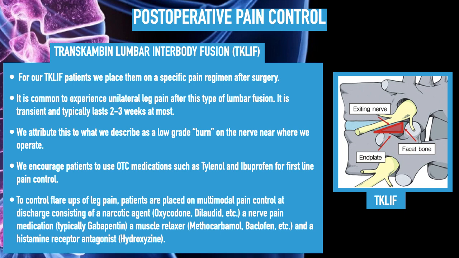And as you can imagine, sometimes there is a low-grade burn or irritation to the nerve that we pass by in order to do this type of fusion. So occasionally patients will experience one-sided leg pain on the side that we did surgery. This typically self-resolves within a few weeks after surgery, but we do provide some extra medications listed at the bottom which help with this pain if it does occur.